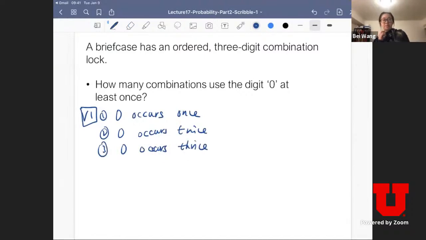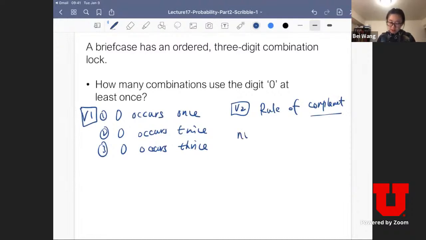But this might be complicated. Remember, there's sometimes an easier solution, which is version number 2: use the rule of complement. So what is the complement? The complement is there's no 0 at all in the combination.